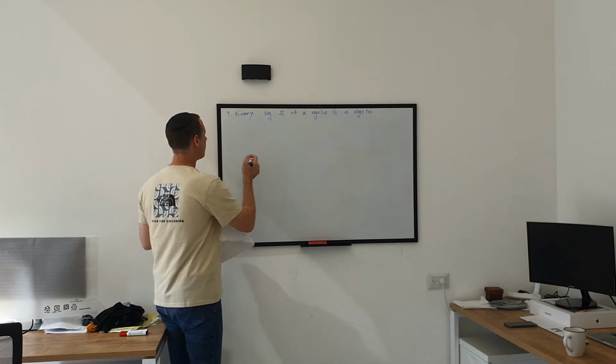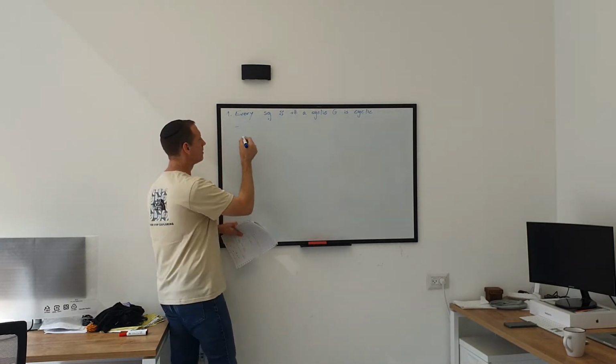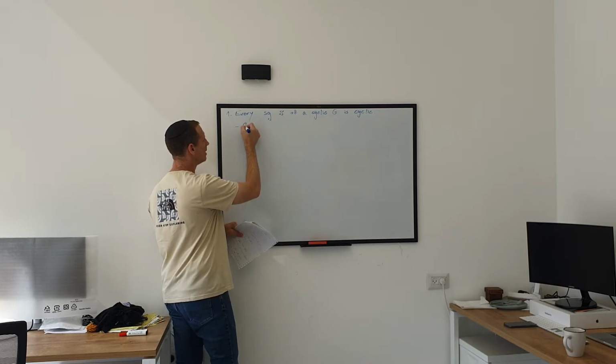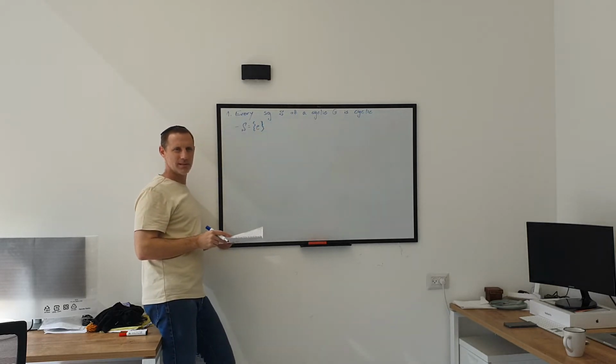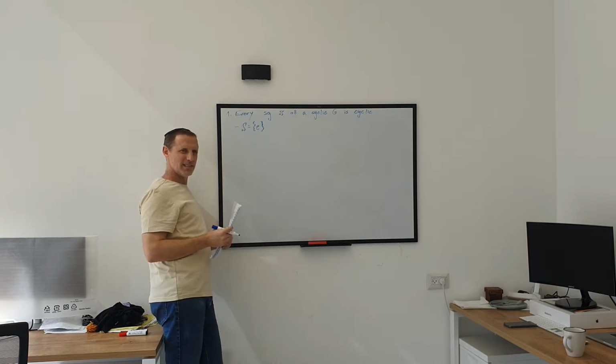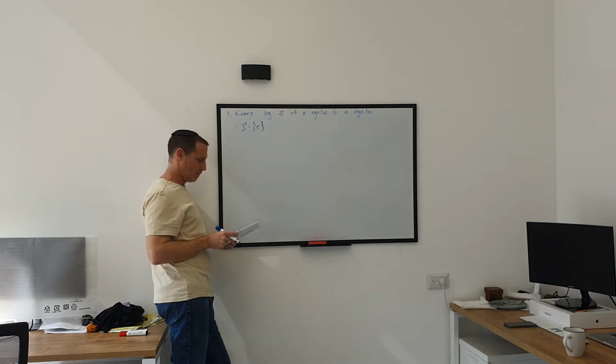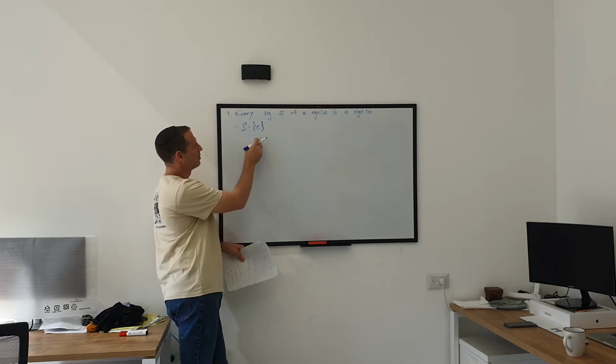Take the trivial subgroup, right? If we define S equals {E}, then obviously that's cyclic. E or 0. What is E? The identity element, always. So I've got a subgroup.